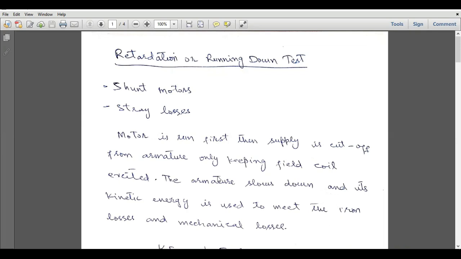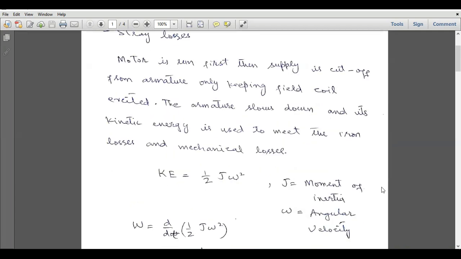And since the armature is rotating, EMF will be induced across the armature terminals because the magnetic field is also present there, and the induced EMF of the armature will go on decreasing as the speed of the armature decreases. Okay, so in that case, the kinetic energy of the armature will be equal to half J omega square, and this is the famous expression for the kinetic energy in angular motion.